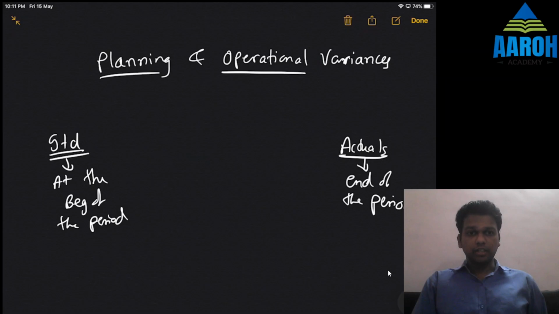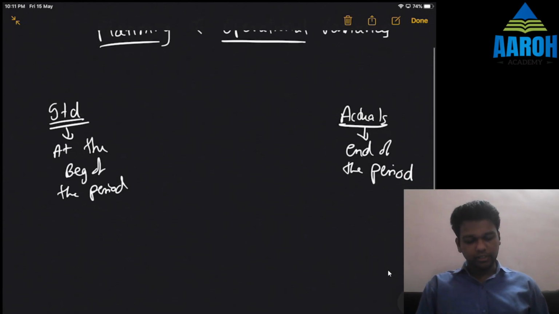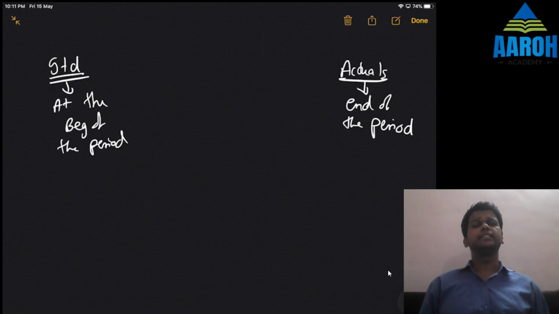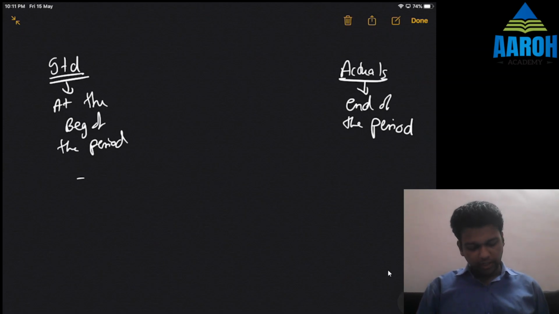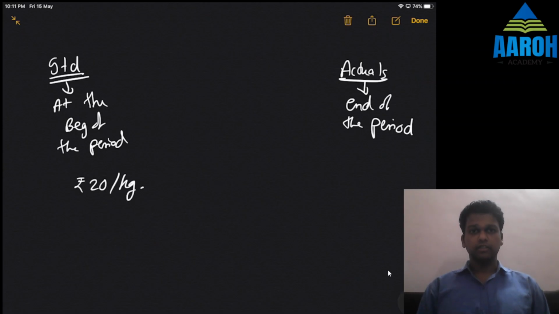But this traditional approach does not consider one thing. See, what might happen is, for a product, let's say we are talking about direct material variances right now. Suppose at the beginning of the period, we thought that price of the raw material would be, let's say, 20 rupees per kg. Based on this, we set the standard.